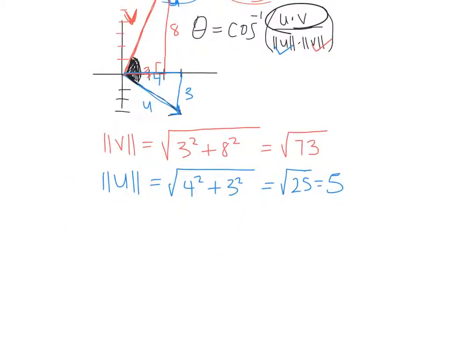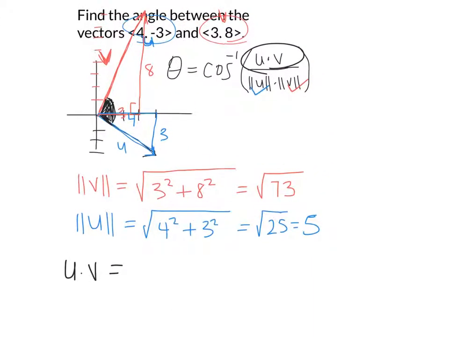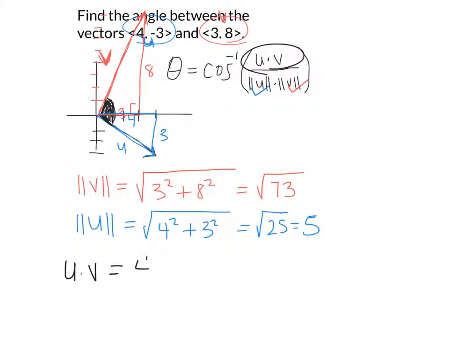So the dot product is found by taking the product of the x things. So 4 and 3 are the x, the horizontal components of each of these vectors. So 4 from here and 3 from here.